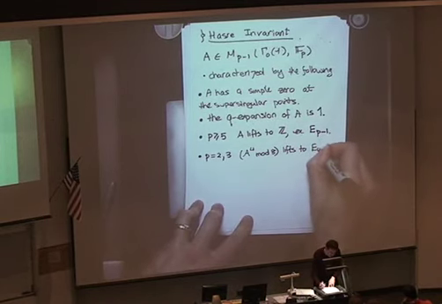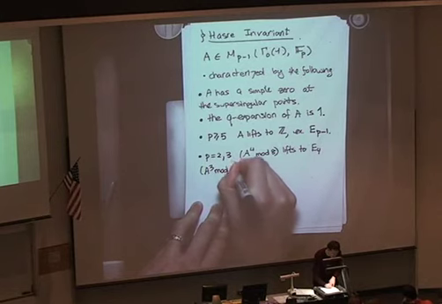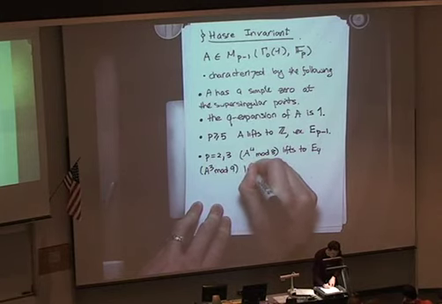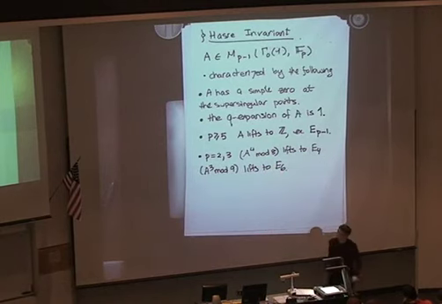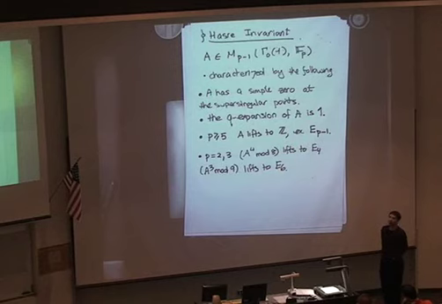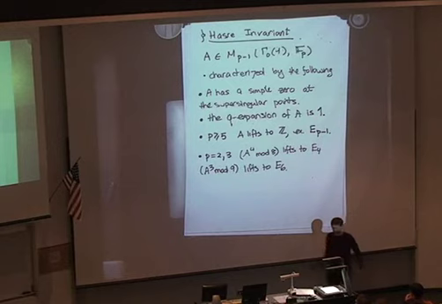This lifts to E4, and A cubed modulo 9 lifts to E6. The fact that these lift to specific forms is not really so important or even necessary, but it's sometimes convenient. For example, if you want to do various computations with Hasse invariants, it's sometimes easier to compute with these Eisenstein series because they're quite explicit in terms of their q-expansions.